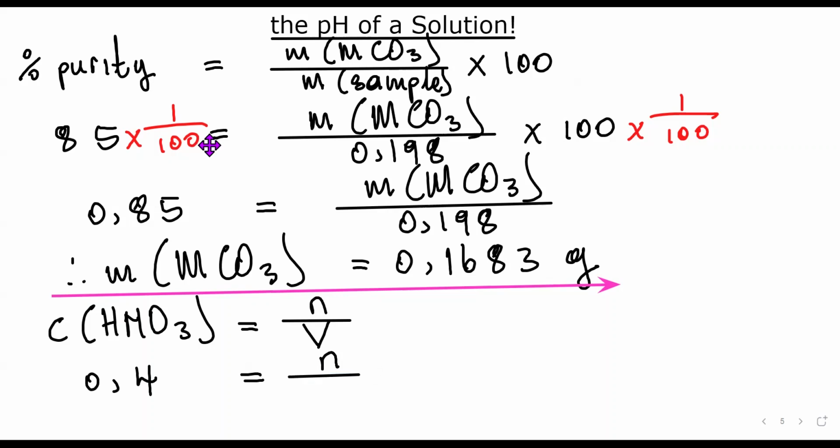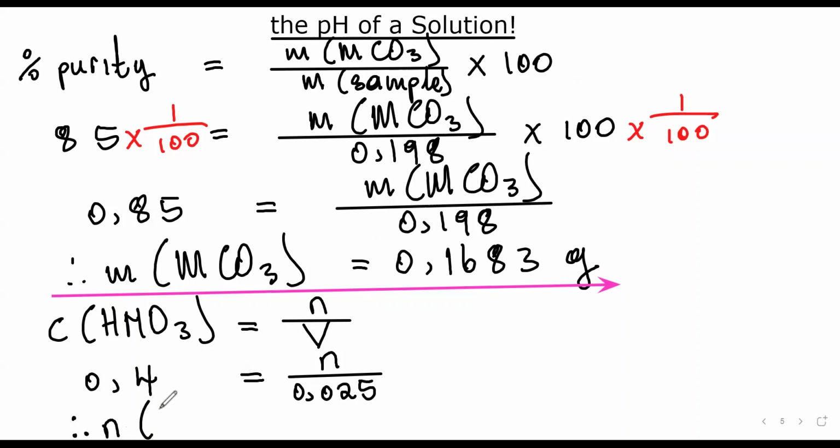And the volume was given to us as 25 cubic centimeters, which when we properly convert to cubic decimeters, gives us this much.